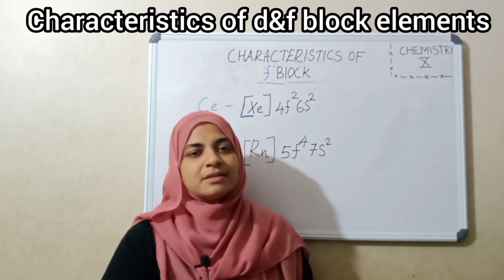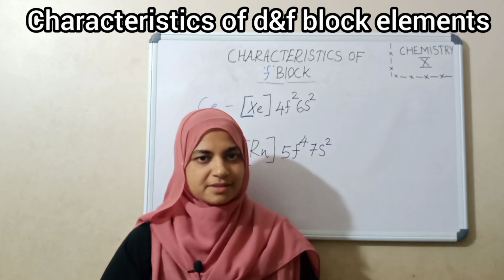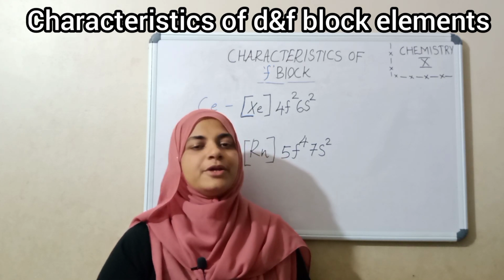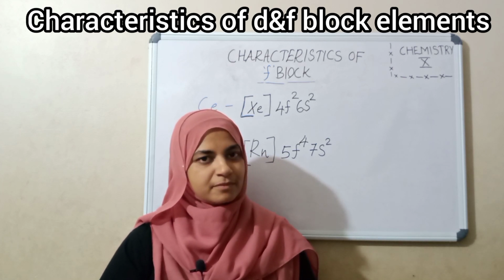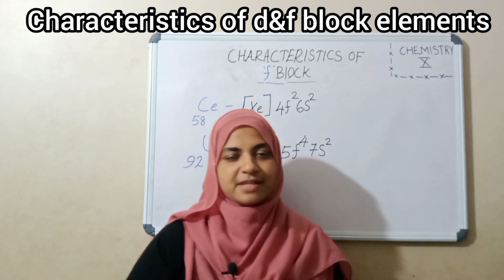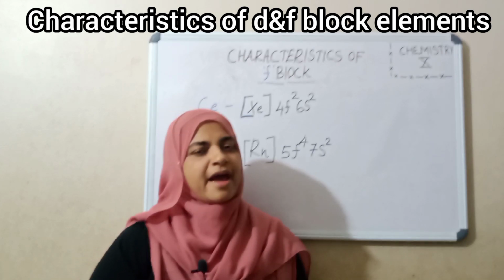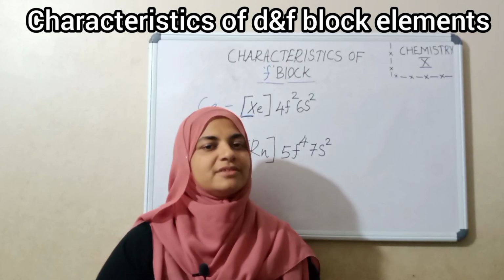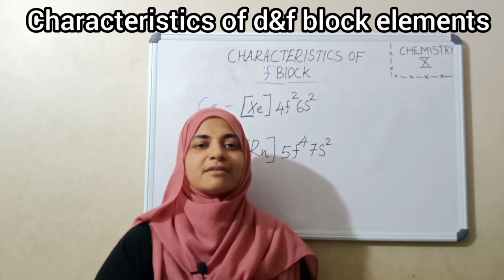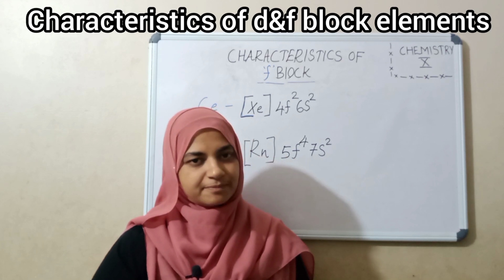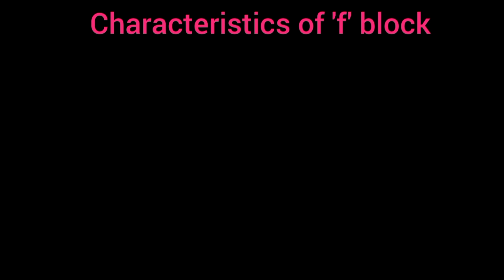Then some elements are used in nuclear reactors, for example uranium, thorium, plutonium, etc. Actinoids, the second row of f block elements, are radioactive elements, and most of the actinoids are artificial elements. Do you follow me? Yes.